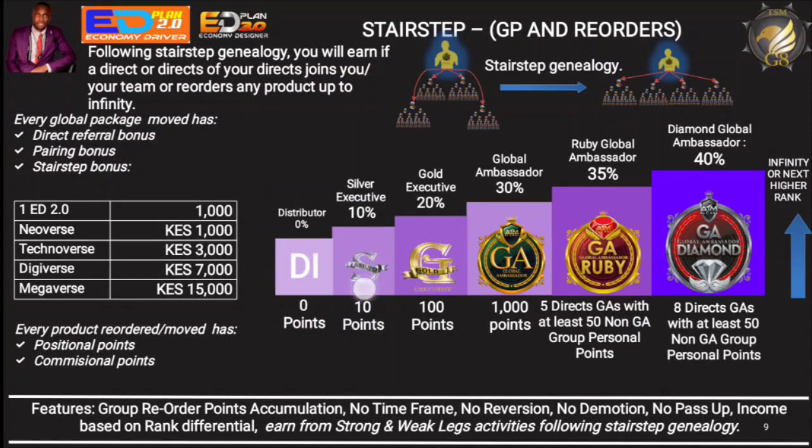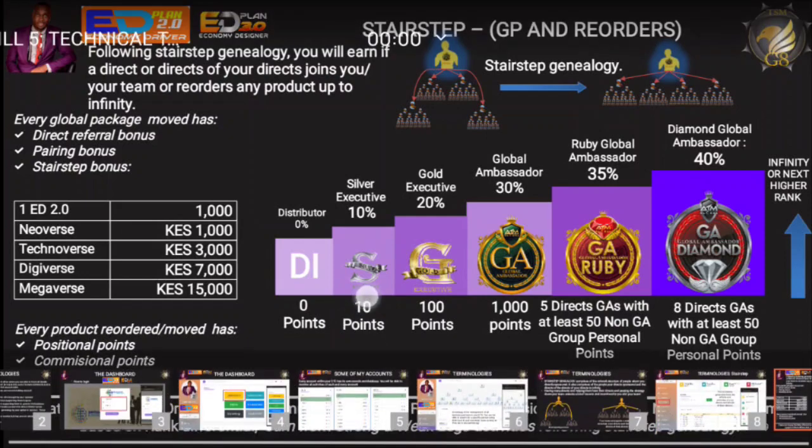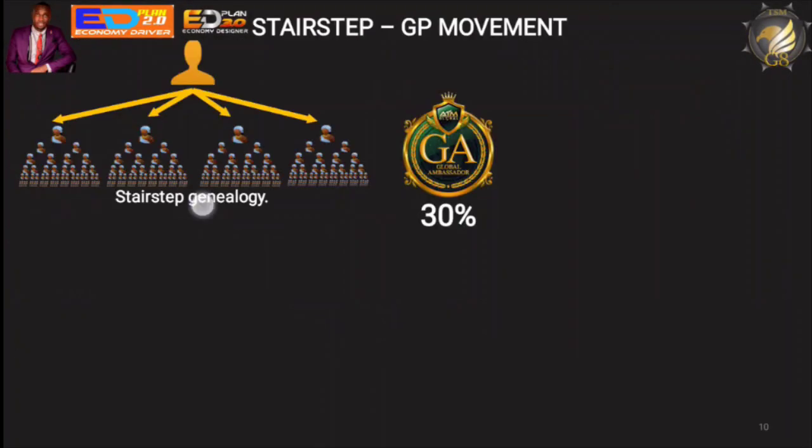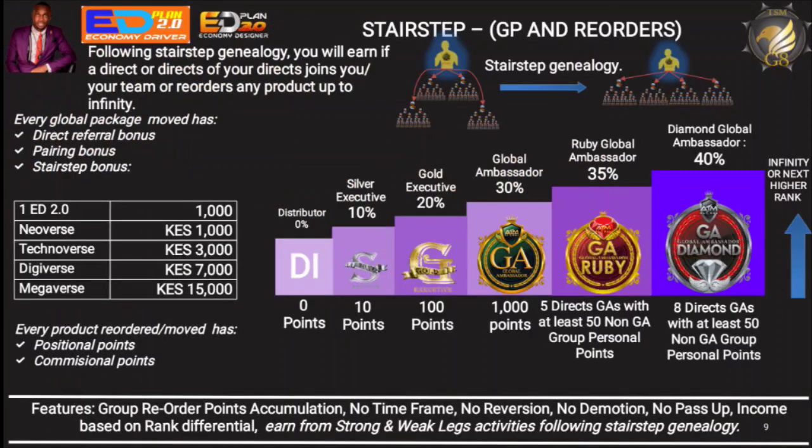So if I've accumulated 10 points and somebody joins my team with one ED 2.0 account, I'm going to earn 10% of these 1,000 Kenyan shillings, okay? If the person joins with a Technoverse, whether he joined under me or under my team, as in the stair-step, I'm going to earn 10% of the 3,000 Kenyan shillings.